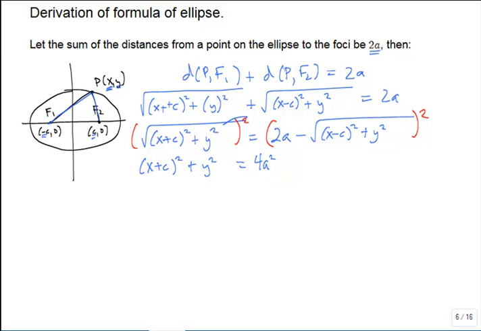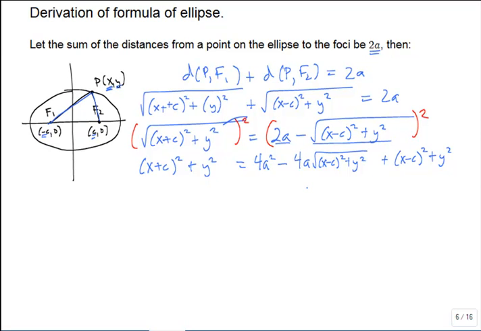And we will get to square away this square root, giving me x minus c quantity squared plus y squared. And that would be a minus times a minus, so that'll be plus. But in the middle, we'll get a 2a times this big square root, and we'll get two of those, one for each of the middle terms. So that middle term is going to look like a minus, because this is a minus, 4a square root of all this stuff. So that's just FOIL.